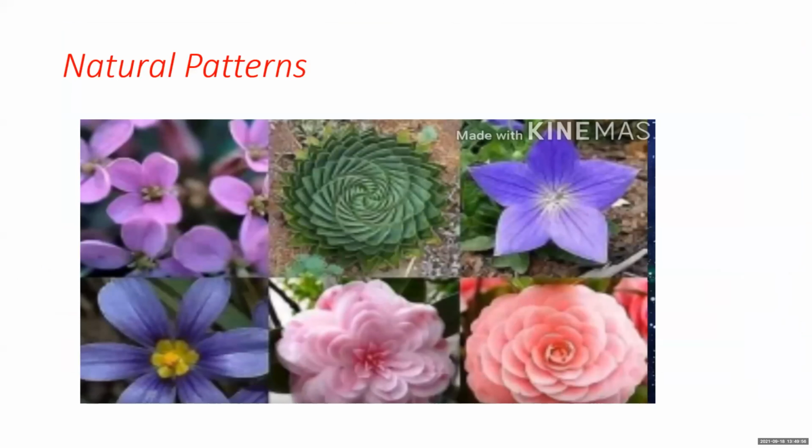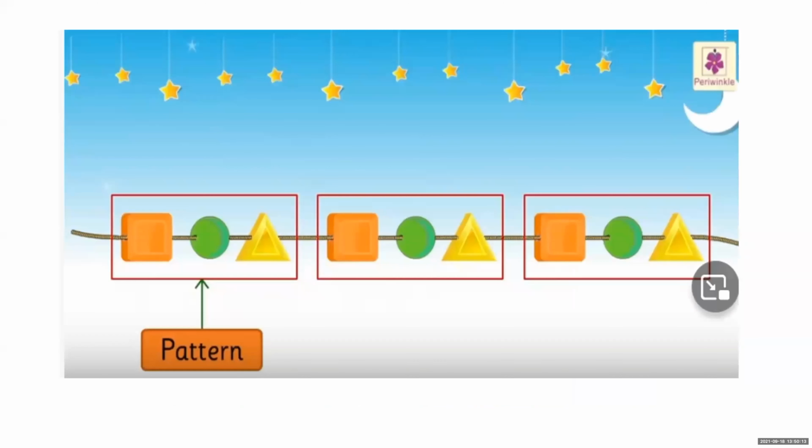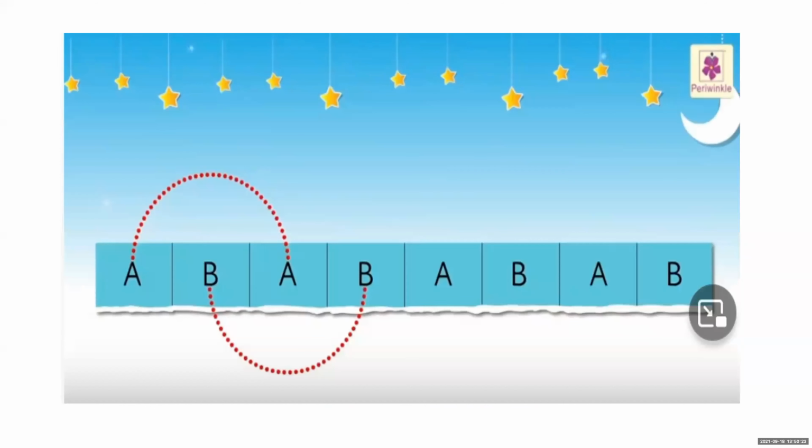Patterns can be natural and man-made. This is one example of natural patterns. Artificial patterns are made by humans. This is an artificial pattern made in a sari. Patterns can be created with shapes and lines also. This pattern is created with square, circle, and triangle shapes. This pattern is created with letters.